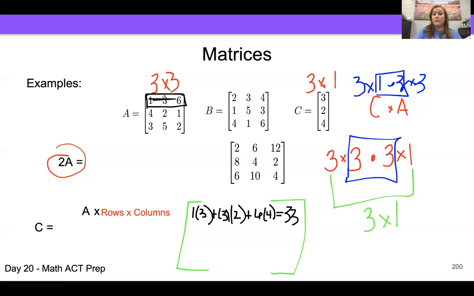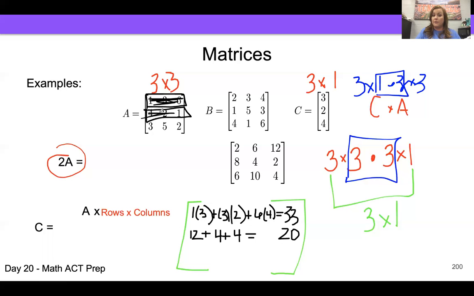Now we ignore this row and go to the second row and do the exact same process. 4 times 3 gives me 12, plus 2 times 2, which is 4, plus 1 times 4, which is 4. So I get a result of 20.